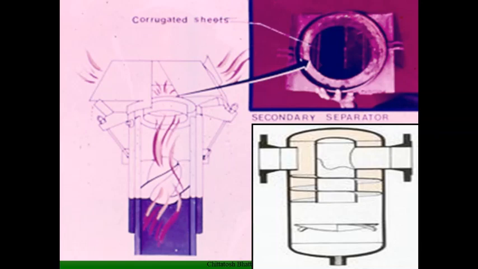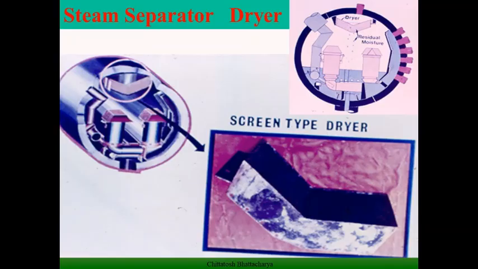Now these screen dryers, drying screens, are fitted with closely meshed, tiny-hole screens, just like our asbestos sheets, and they have minute micronized holes through which, when moist steam tries to pass out, the moisture is arrested and dry saturated steam comes out.